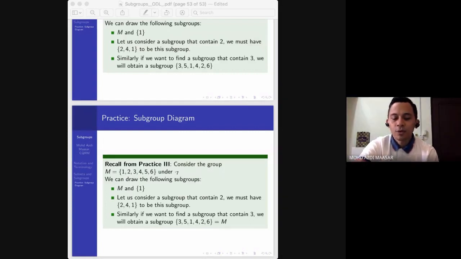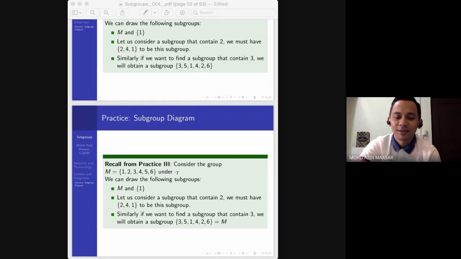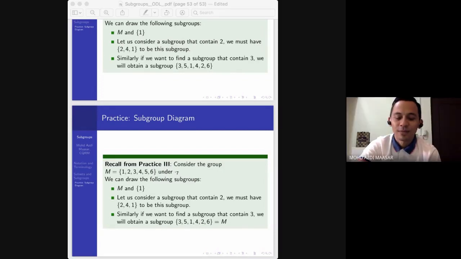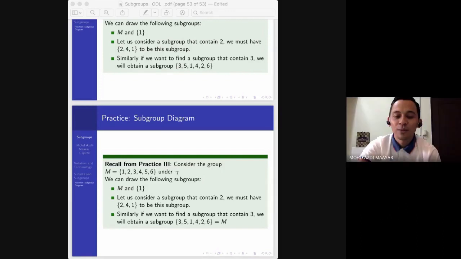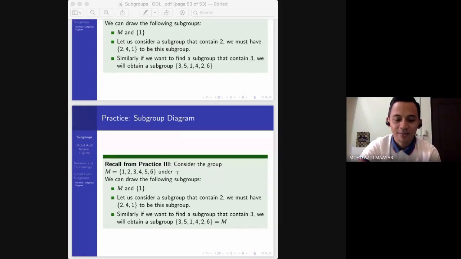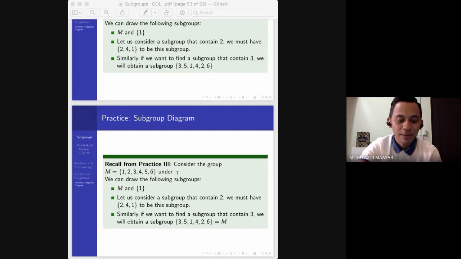Tak, ini untuk integer modulo 4 under addition modulo 4 kan? 1 kena ada 2, lepas tu 2 tambah 2 jadi 0. 2 plus 1 pun kena ada juga, sebab dia kena close. 2 plus 1 jadi 3, 3 pun kena ada. Betul. 0, 1, 2, 3. So dia akan sama balik dengan integer modulo 4.